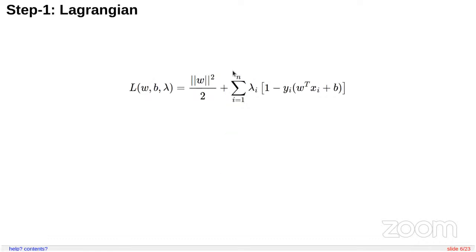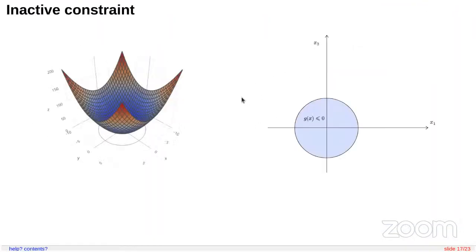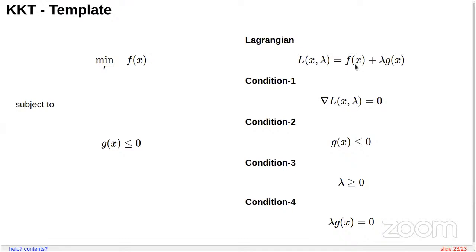You are forming the Lagrangian, and the Lagrangian takes this form. But there is no minimization or maximization involved here, is there? No. What I am doing here is just applying these conditions. Just think about this as a template for converting this to the dual. I form the Lagrangian and then I apply these conditions. In some sense, that's what I'm doing.